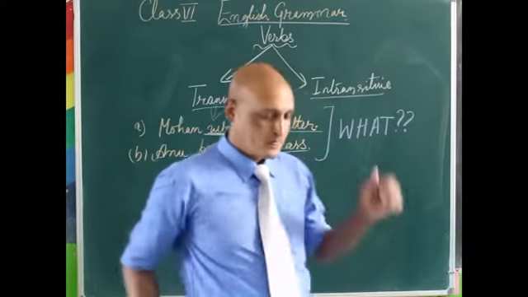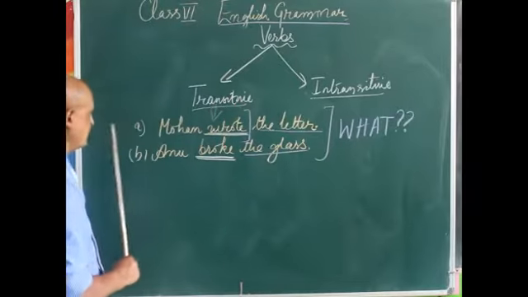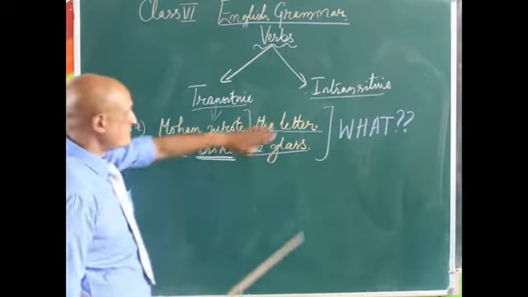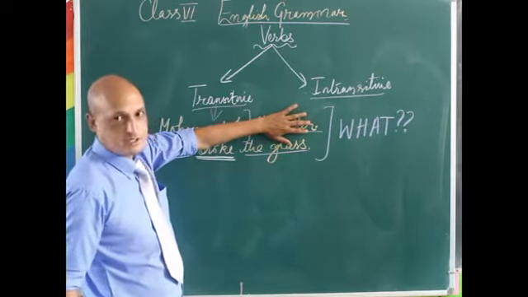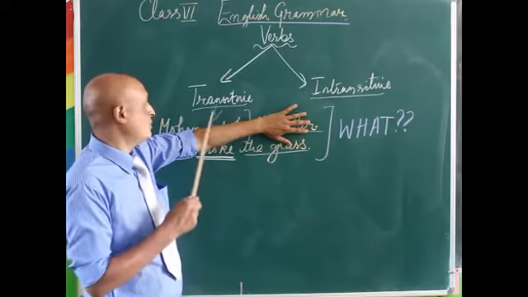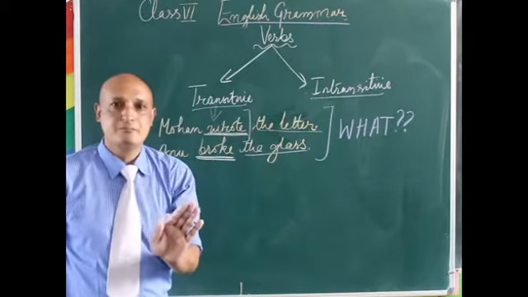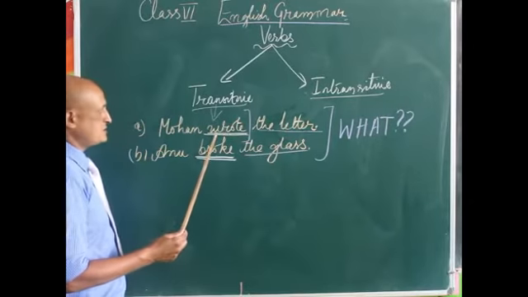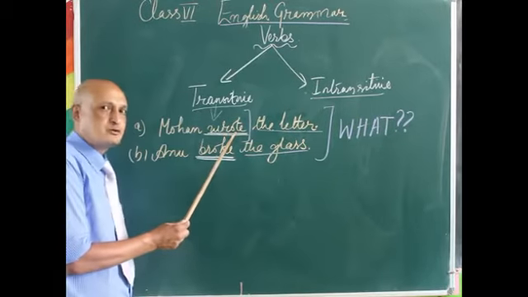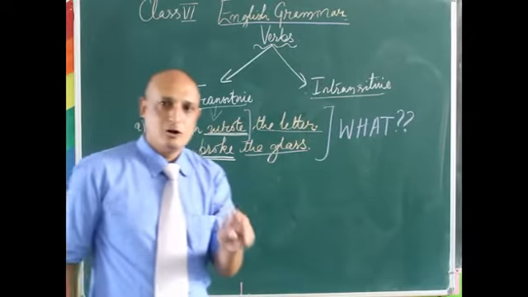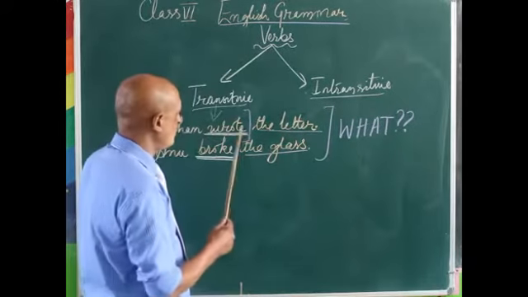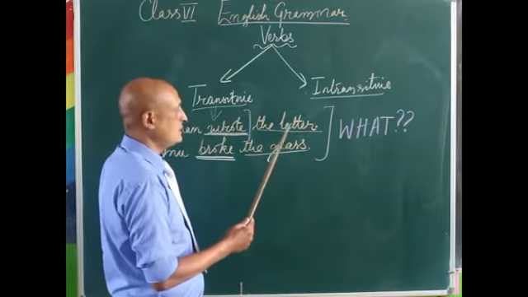Are you following me? Let's see the sentence here. Mohan wrote. If this part of the sentence was not there, there is no object. Mohan wrote would be incomplete. Therefore, in this particular sentence, the verb wrote needs an object. Wrote what? The letter.